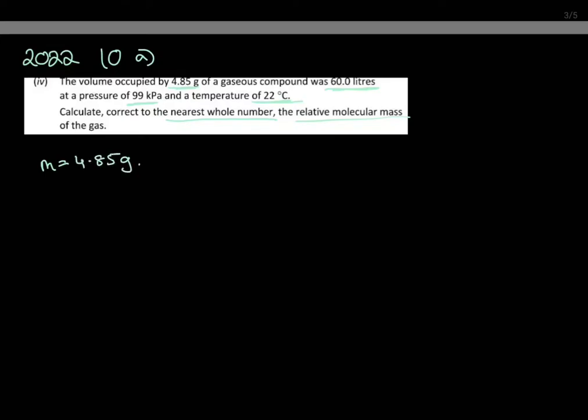4.85 grams. Volume is 60 liters. Pressure, 99 kilopascals. Temperature, 22 degrees Celsius. I'm writing them all out just to convert. Remember my conversion was 1,000 liters is 1 meter cubed.